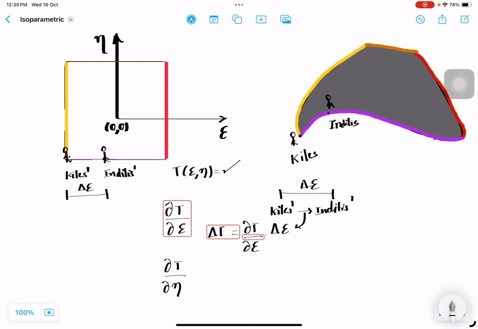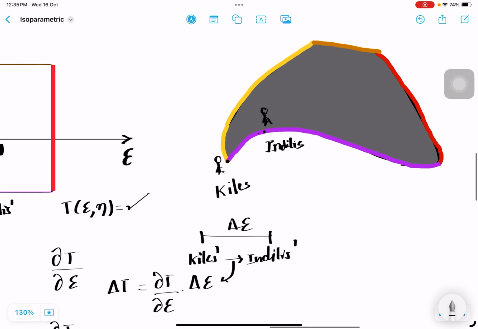But if you look at the actual world Jack is traveling in, he is traveling from the place called Kyle's to the place called Indus, and he has to travel a certain distance along the x direction, del x, and a certain distance along the y direction, del y.